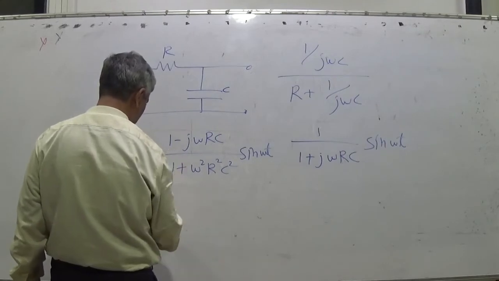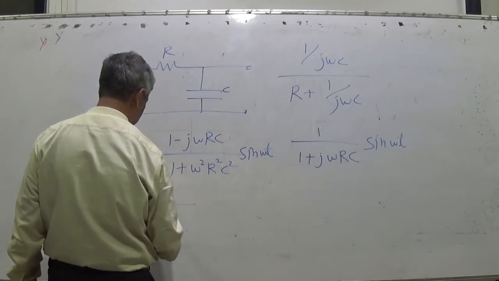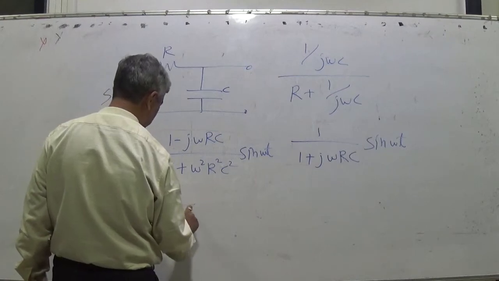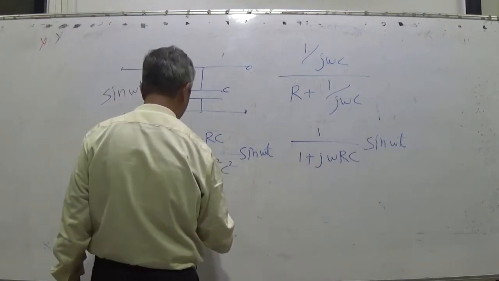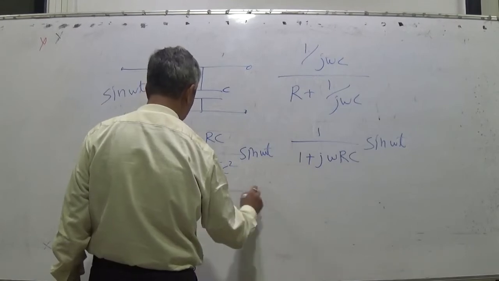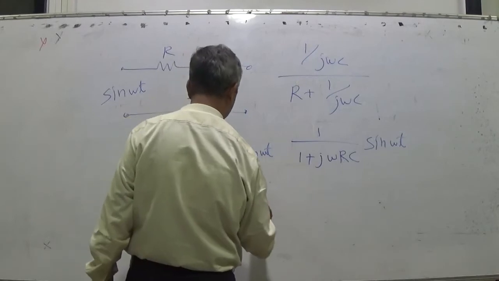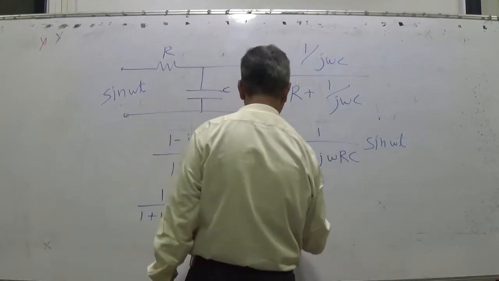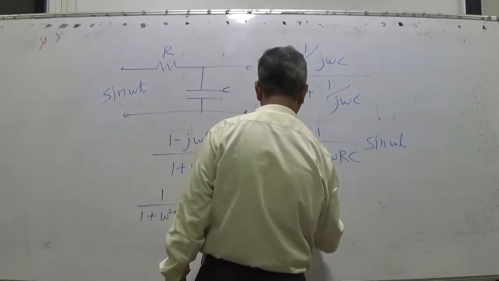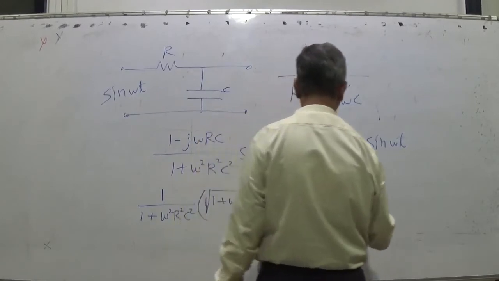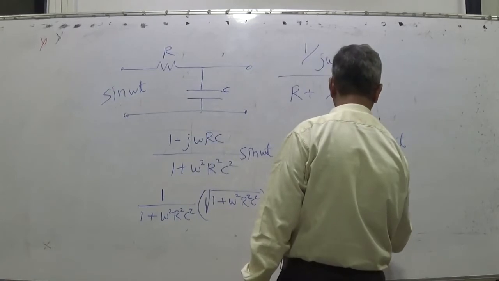The numerator we can rewrite again as 1 upon 1 plus omega square R square C square, under root, sin of omega t minus tan inverse of omega RC.